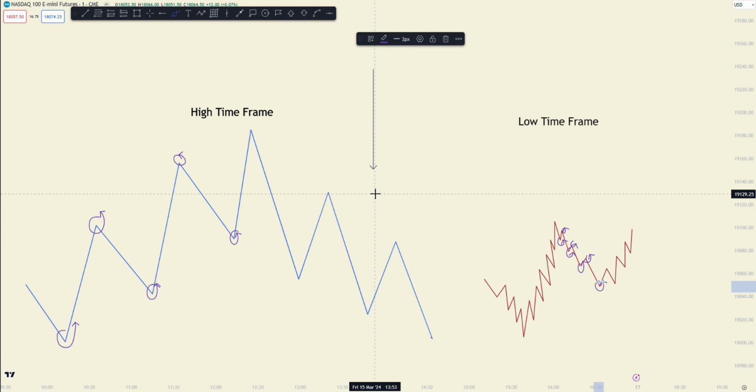But today I want to really focus in on those trending environments and how to track the structure within them. Because a lot of people will make this mistake and they'll end up on the wrong side of the market. You think that the price is moving in an uptrend on whatever time frame you're looking at, but it has really just transitioned to a downtrend.